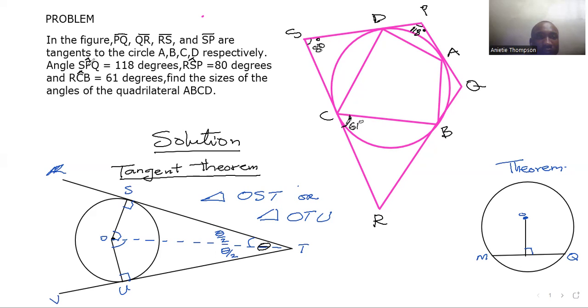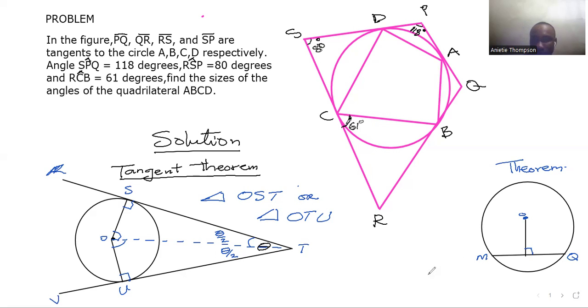Angle SPQ equals 118 degrees, angle RSP equals 80 degrees, and angle RCB equals 61 degrees. We have to find the sizes of the angles in the quadrilateral ABCD, meaning the quadrilateral that is inside the circle here, ABCD.